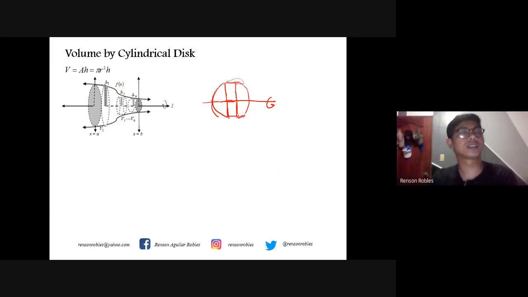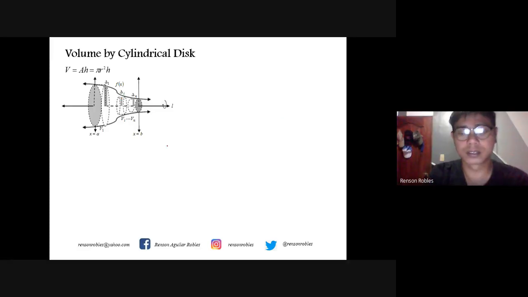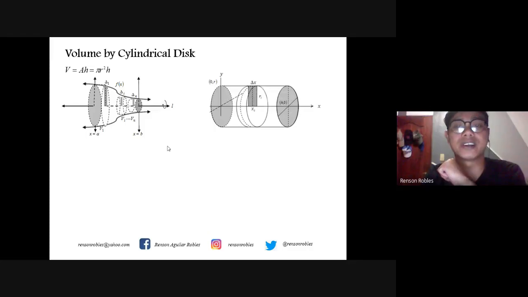Okay, and that is what will happen when this rectangular element is revolved over this line. So we take one representative cylinder.